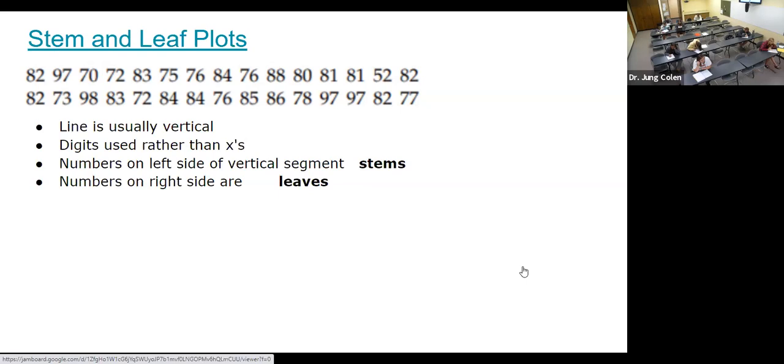You can look at the stem of 8 and put 2 as the leaf. It's just time consuming, I mean, but it's not really hard, right?